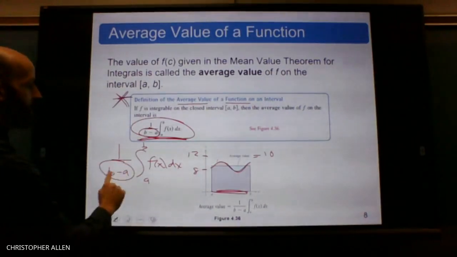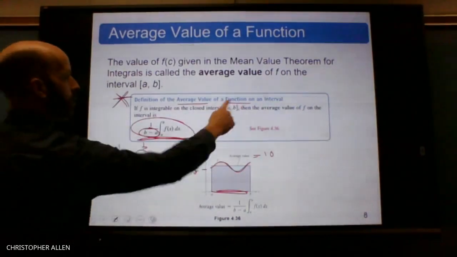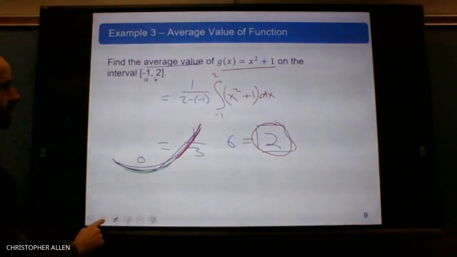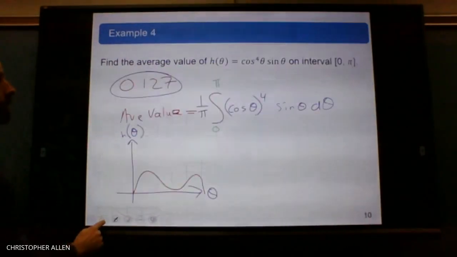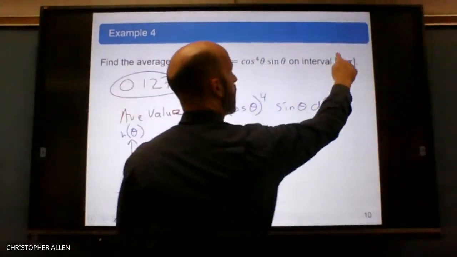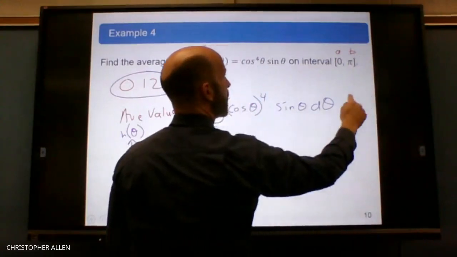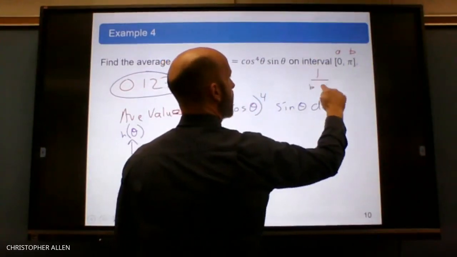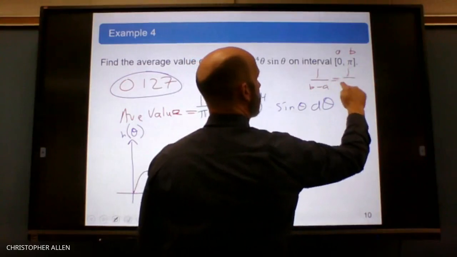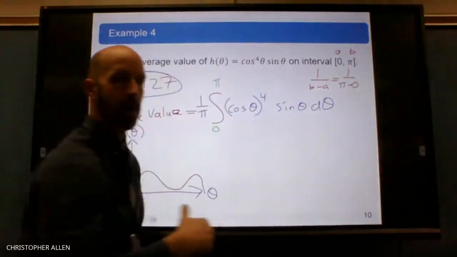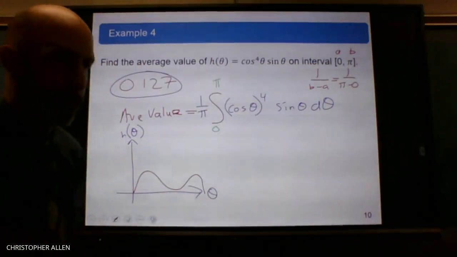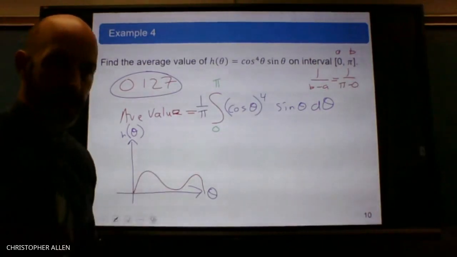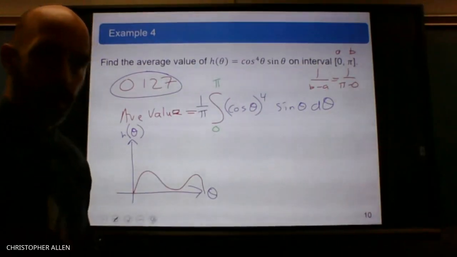This is b minus a, and that's the interval we're talking about. So in this particular example, here's a, here's b. So you got to do 1 over b minus a, which is 1 over pi minus 0, which is 1 over pi. So that's why that's there. Does that make sense? Okay. Any other questions?